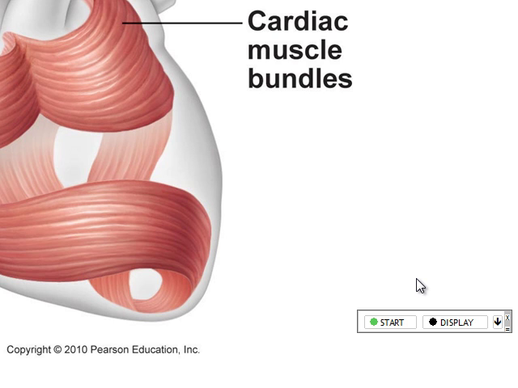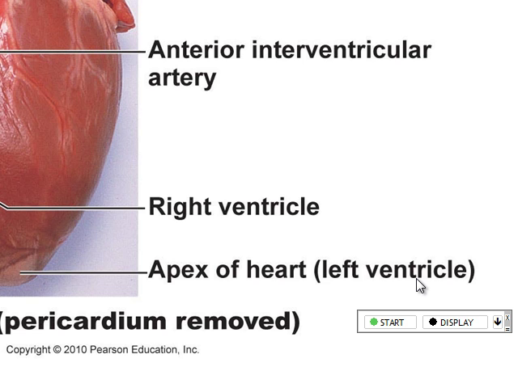No. So when we look at the cardiac muscle, it's in many, many different directions in bundles around the chambers of the heart, those 4 chambers that we just talked about earlier. So we have the epicardium, the myocardium, the pericardium, the visceral pericardium, and the parietal pericardium. Know what the fluid is and what its job is.